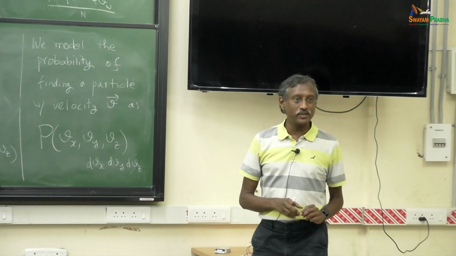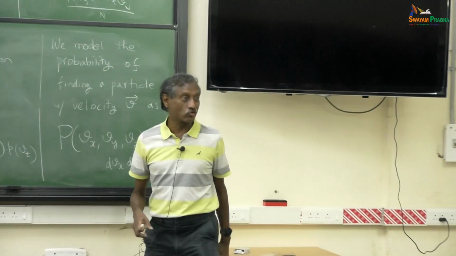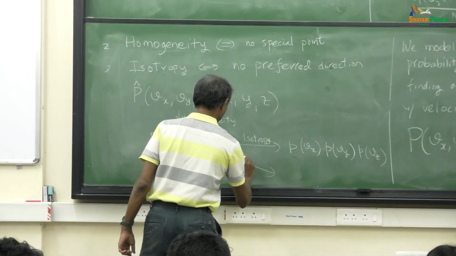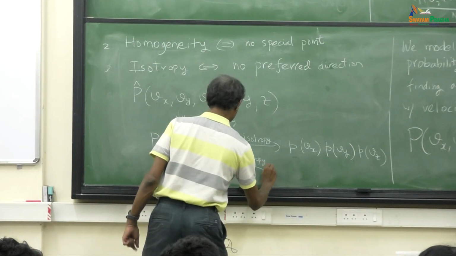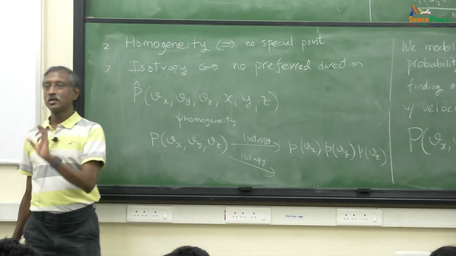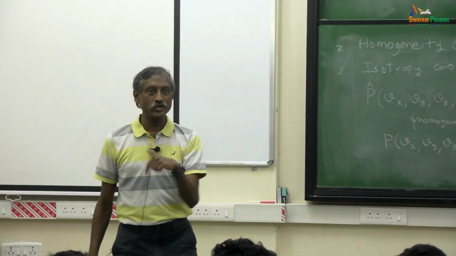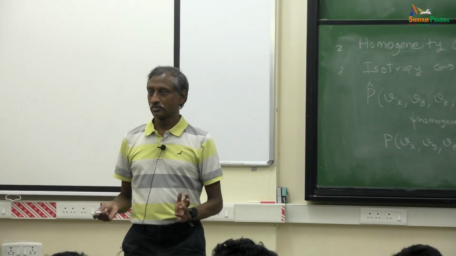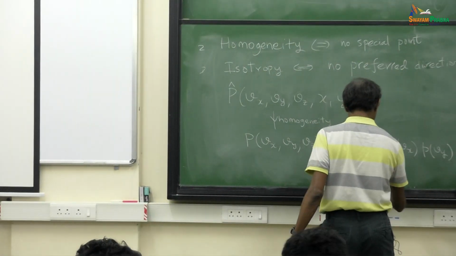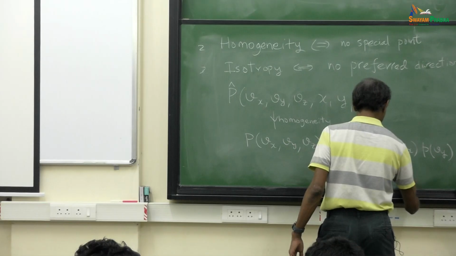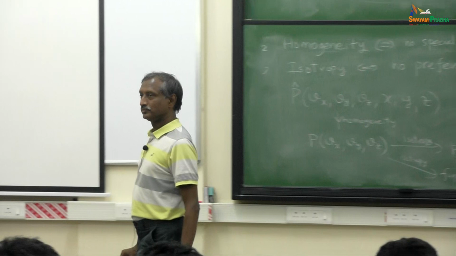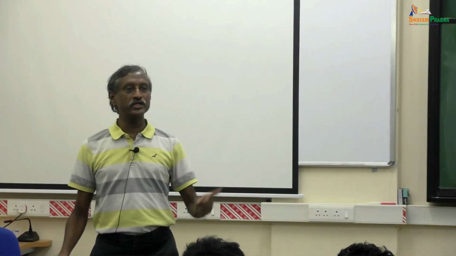Okay, but isotropy gives something stronger. It also says that, since V is a vector, it should depend only on its magnitude, actually magnitude squared. So this should be some function of V square, because that is the only combination which has no direction.